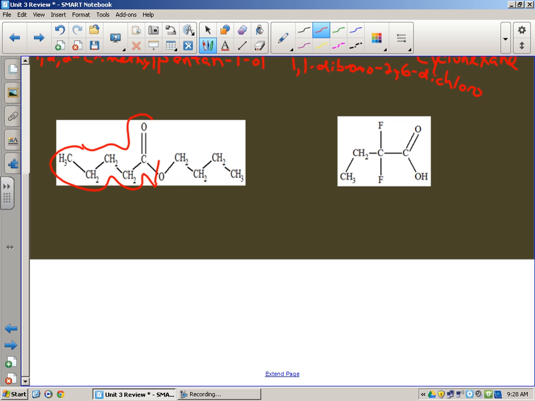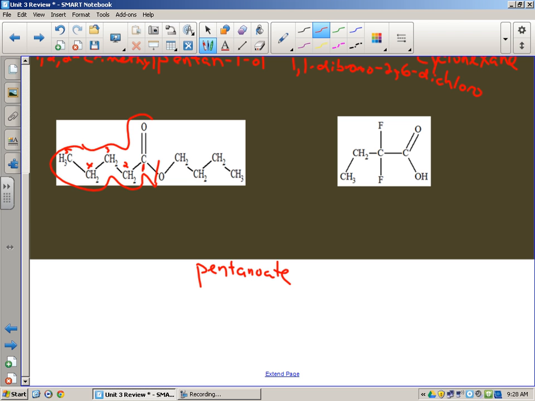Don't forget, when we label these carbons, this one here is 1, then 2, 3, 4, 5. You start at that double bond O. That's carbon 1. So that's 5, pentanoate. This is an ester, of course. Pentanoate is that part there.